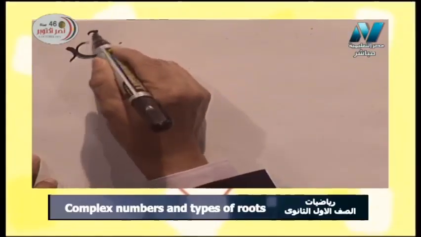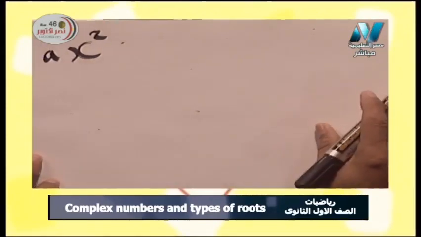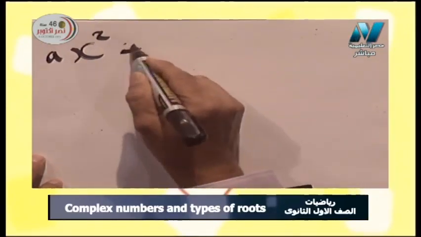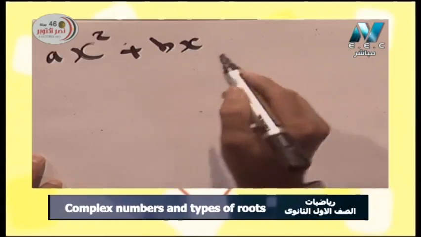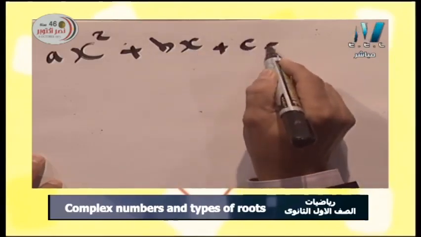Why does this happen? Look carefully. We know that if we want to solve the quadratic equation like this, a x power 2 plus bx plus c equals 0.